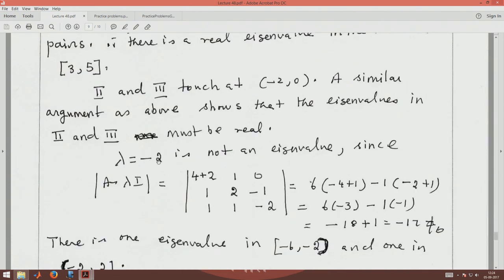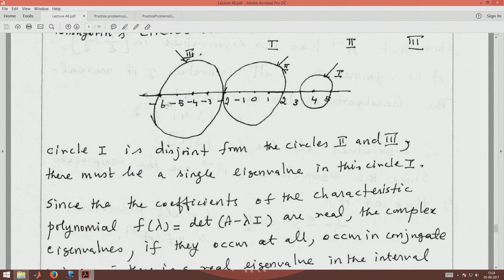Why does that happen? Let us look at the circles. This is a circle with center at -4 and radius 2, and therefore, it passes through the points -6 and -2. So, one of the eigenvalues lies between -6 and -2, and you have another circle whose center is the origin and radius is 2 units, and there is an eigenvalue within this circle and it is a real eigenvalue, and therefore, it lies between -2 and 2.